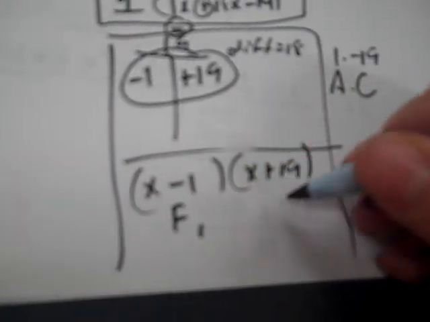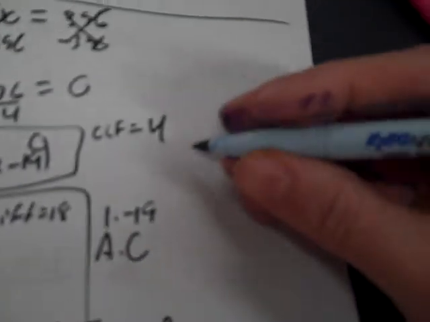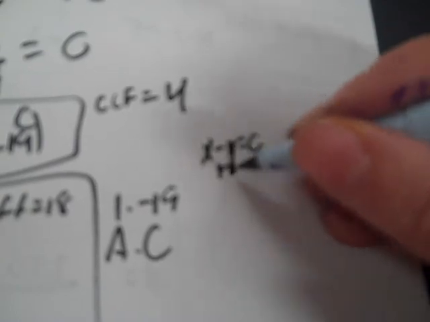So that's F1, that's F2. So x minus 1 equals 0, x plus 19 equals 0. Plus 1, x is 1. Minus 19, I get negative 19. Okay, ditch the negative, and 1's your answer.